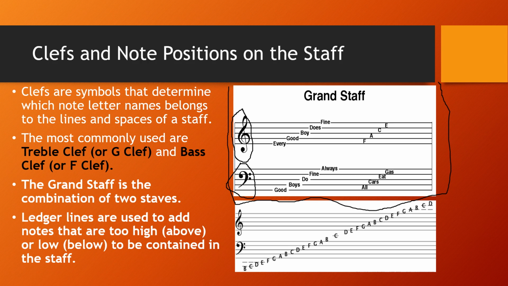On the treble clef, the first line is E, the second is G, the third is B, the fourth is D, and the fifth is F. While for the spaces on the treble clef, the first is F, the second is A, the third is C, and the fourth is E. Simply memorized as FACE, while the lines are Every Good Boy Does Fine.